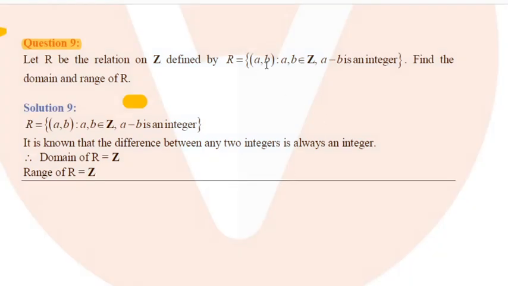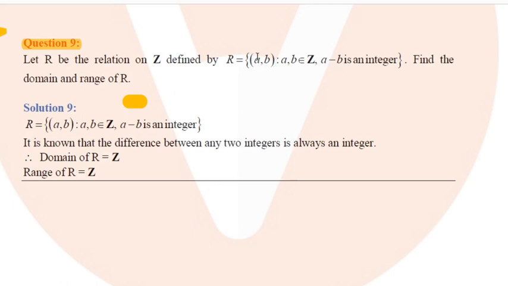A and B both belong to Z, meaning integers. If you find the difference of an integer and an integer, you will always get an integer. So here you always put an integer, and here you also put an integer, so that you always get an integer difference.